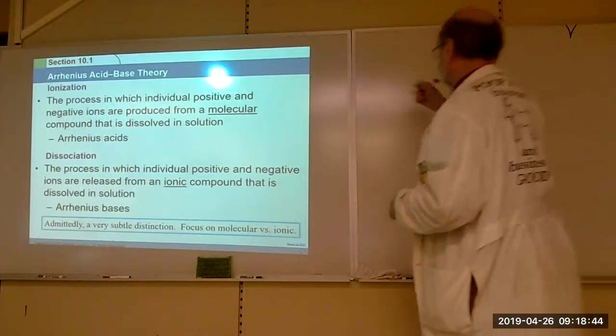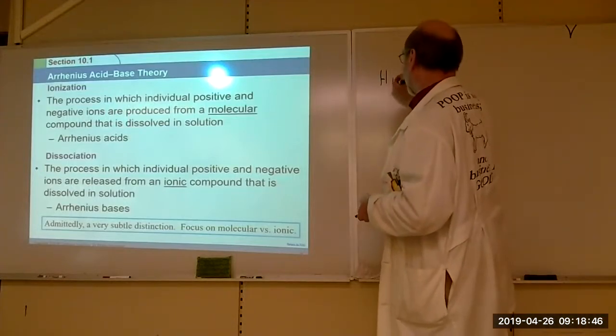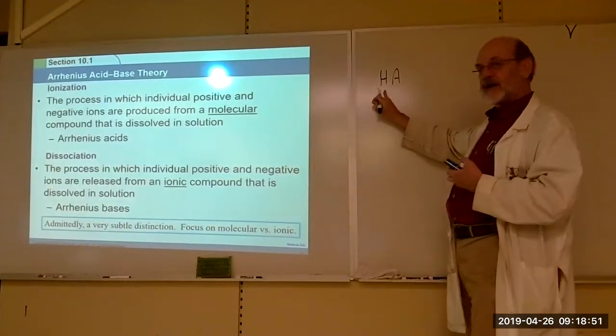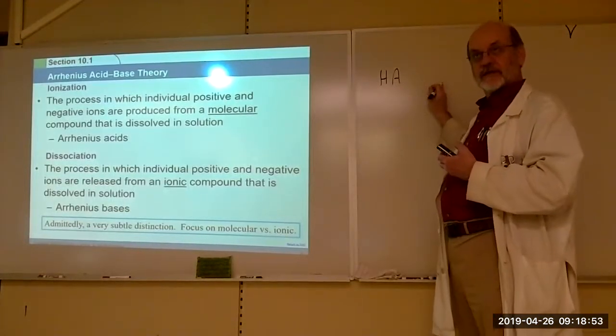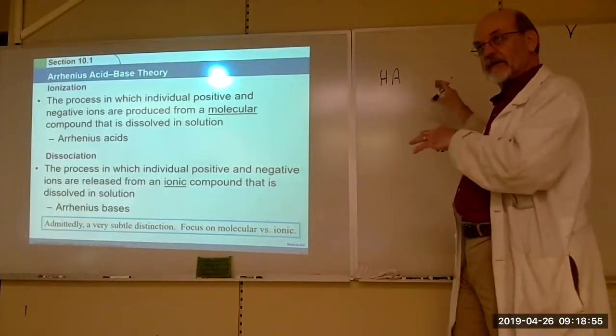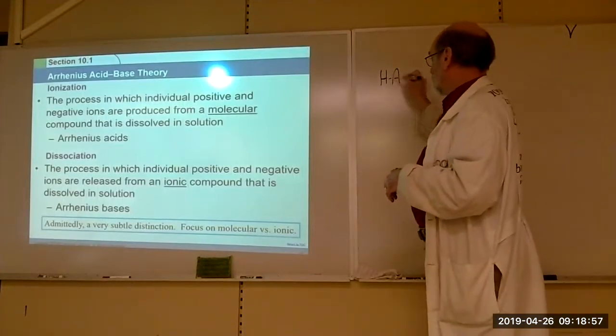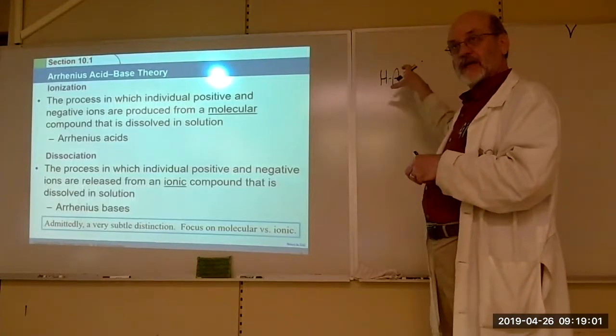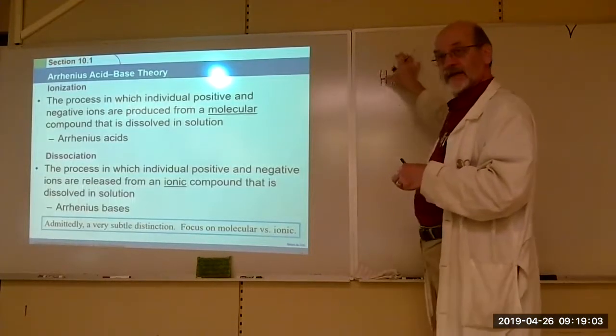That is, our generic acid, we write it like that. So that shows the proton, and this is anything else. Right? This is a molecular compound, and as a consequence, it has no ions that are identified in the compound.